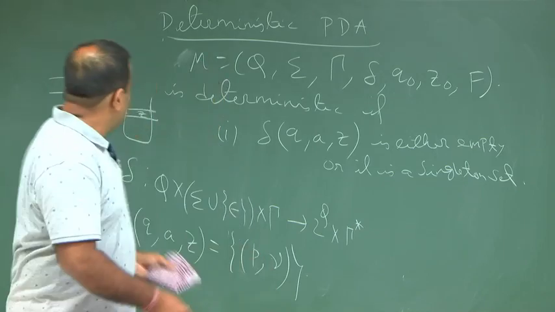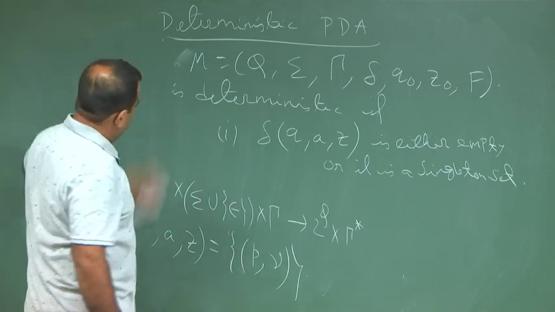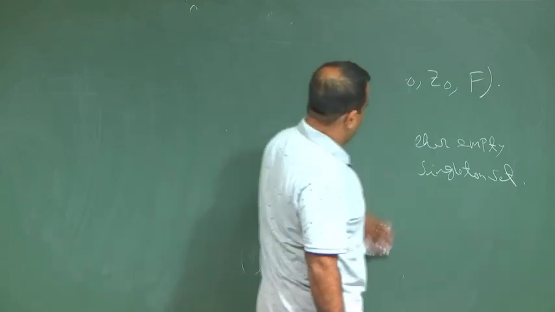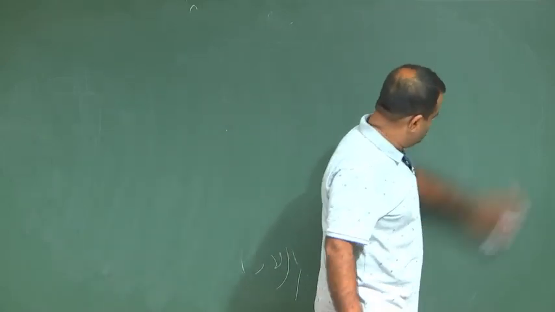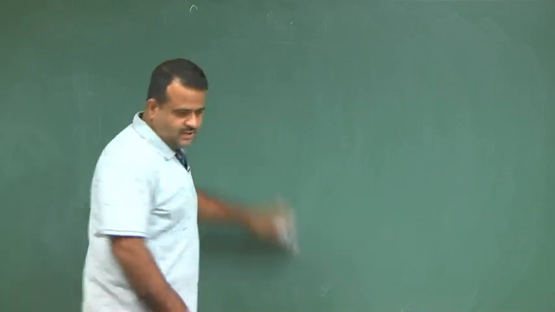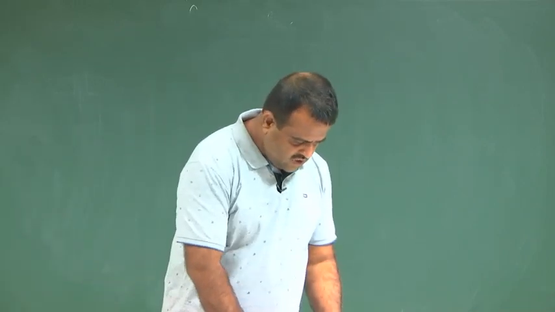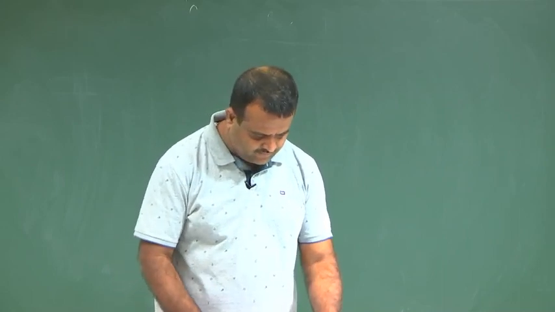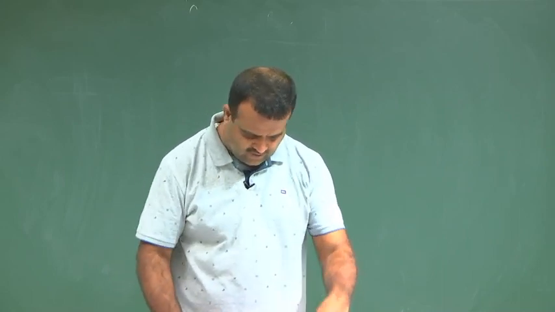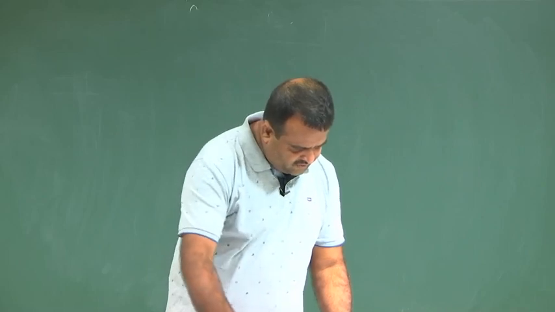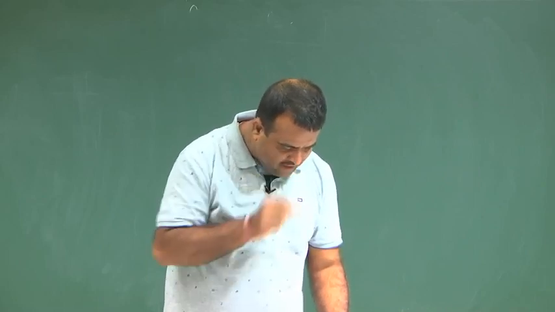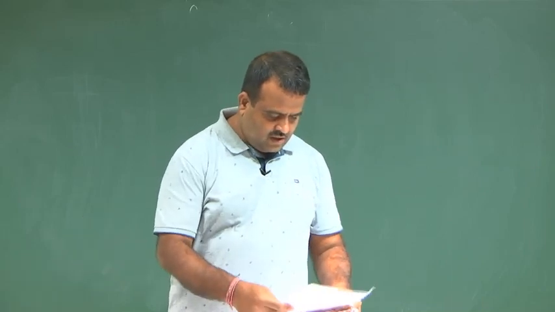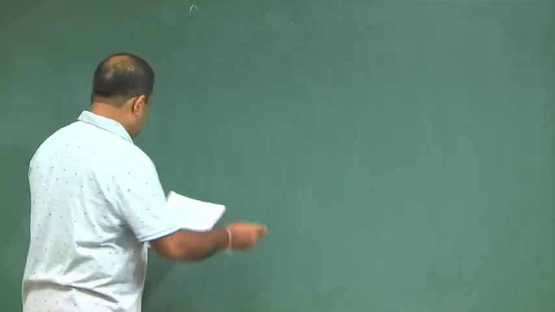So, now what we will show? We can have some example of a deterministic PDA. Let me check if I have one. For deterministic PDA, yeah, I think I have one. Let me take this example.